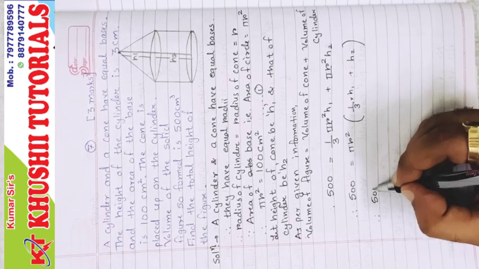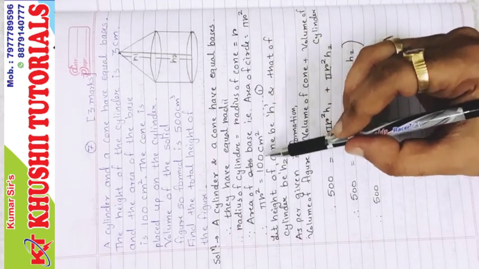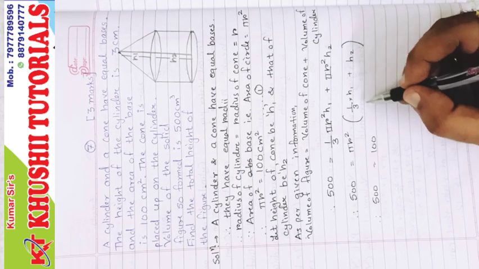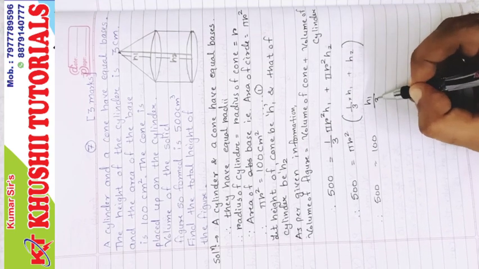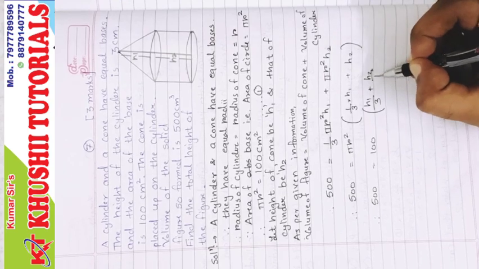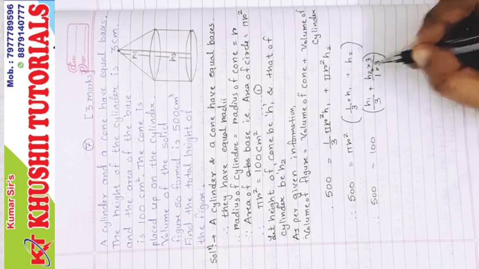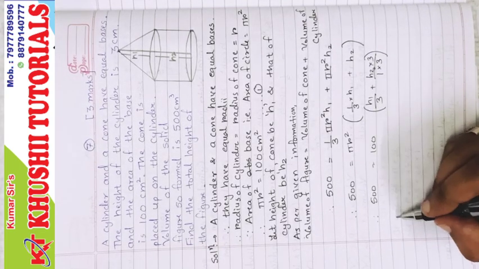Now 500 equal to pi r square, we know pi r square is 100, and h1 upon 3 plus h2 upon 1, LCM into 3, this 100 will come on this side.